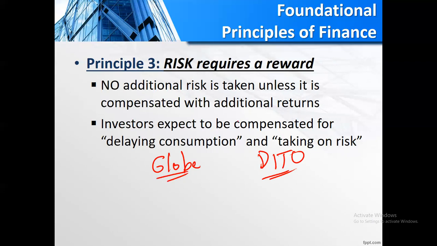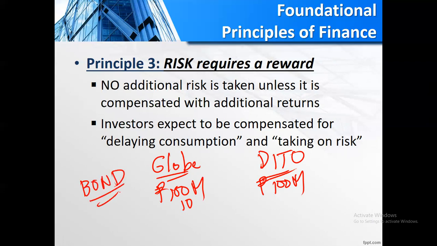Globe has been in the market for several decades already. Let's suppose they need 100 million in cash, and they're going to issue bonds. A bond, guys, is a utang. It's a promise to pay, a long-term bond.